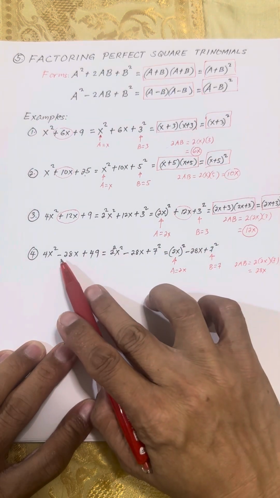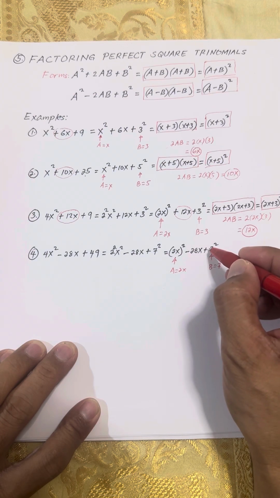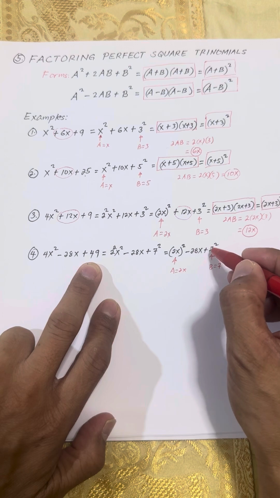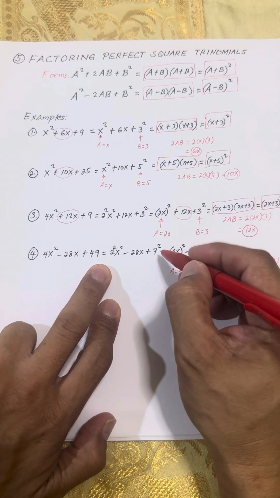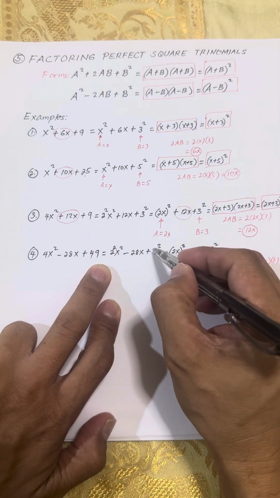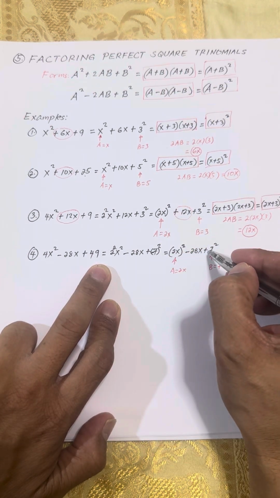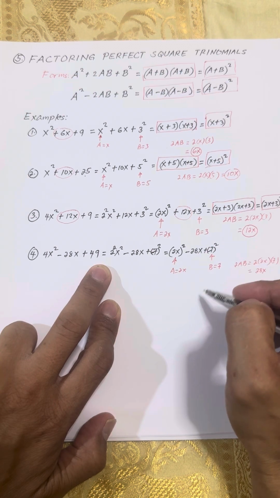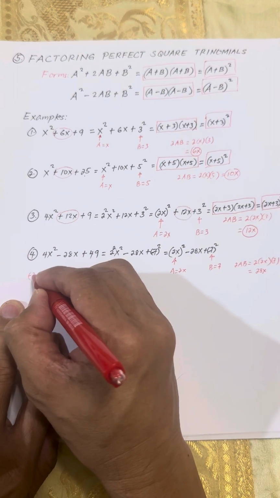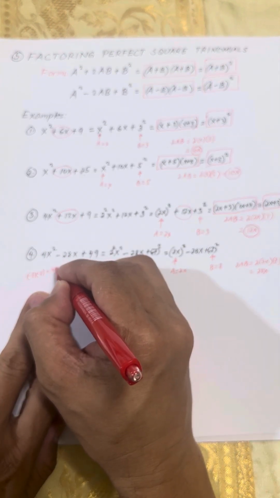Okay, by the way, since this is negative, 49 can also be expressed as negative 7 times negative 7. So we can express this as negative 7 squared, because if you have negative 7 times negative 7, that is still equal to positive 49.